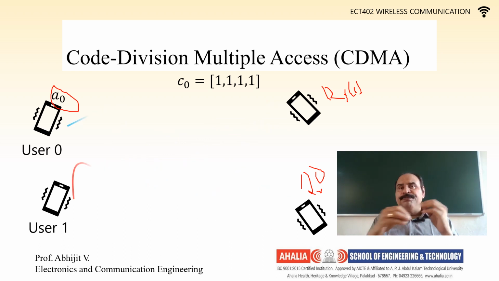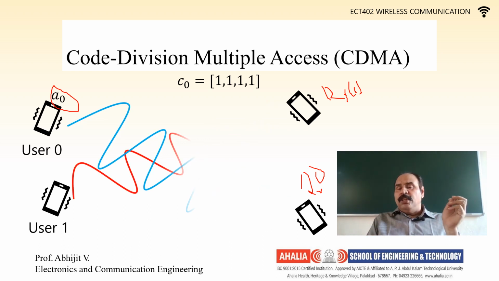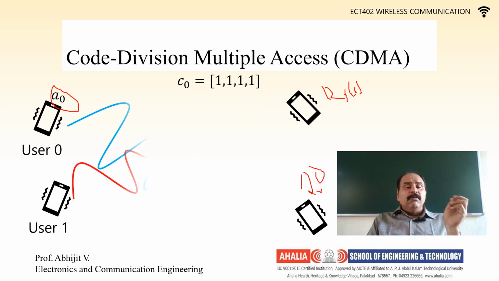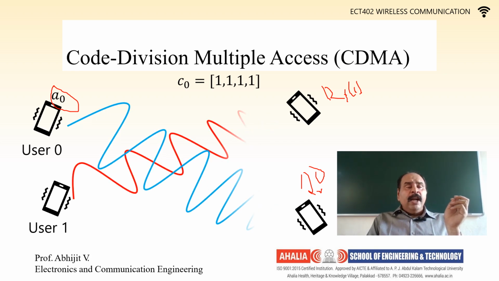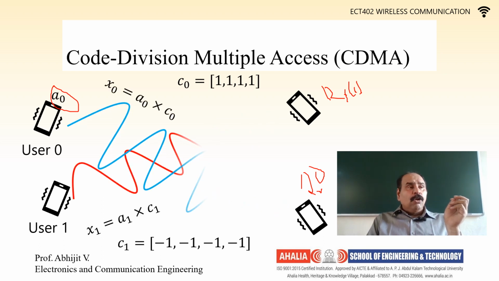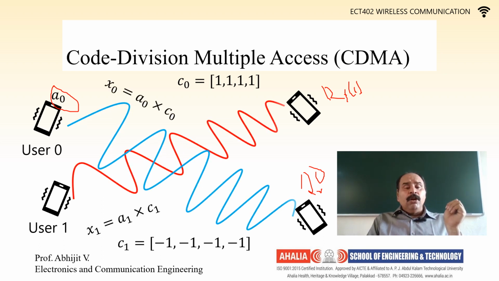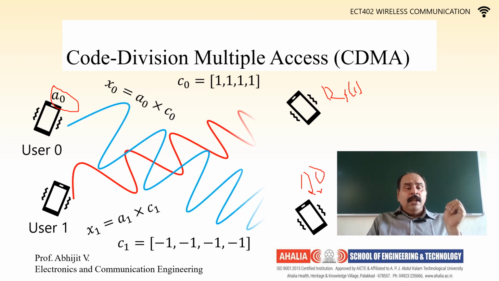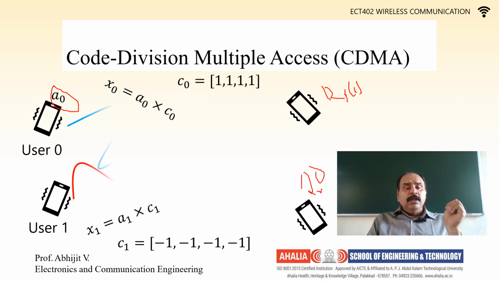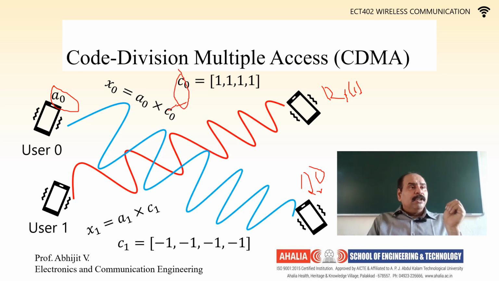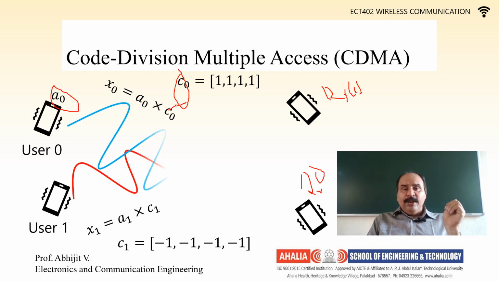These concepts are basic concepts, and you need to keep them in your mind throughout your life. So let us consider C naught to be a vector of 1, 1, 1, 1, four ones. And we are going to generate a signal called x naught, which is A naught into C naught. You are multiplying the original signal A naught with a code word called C naught.